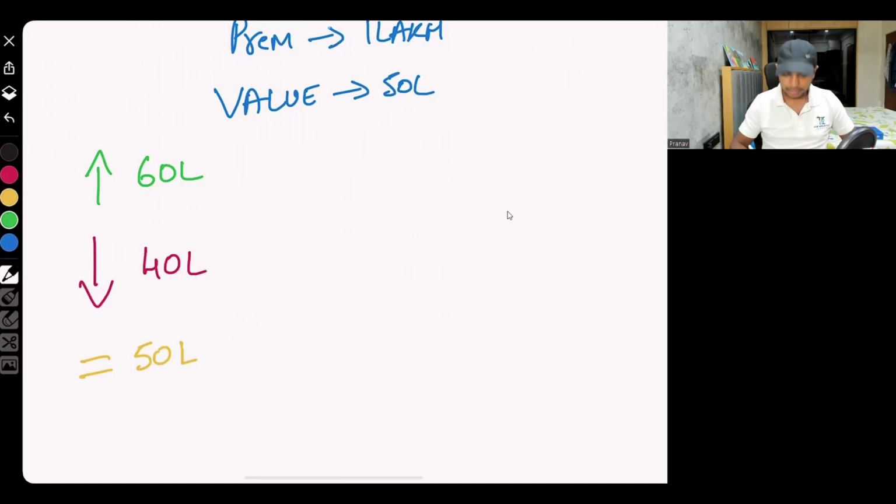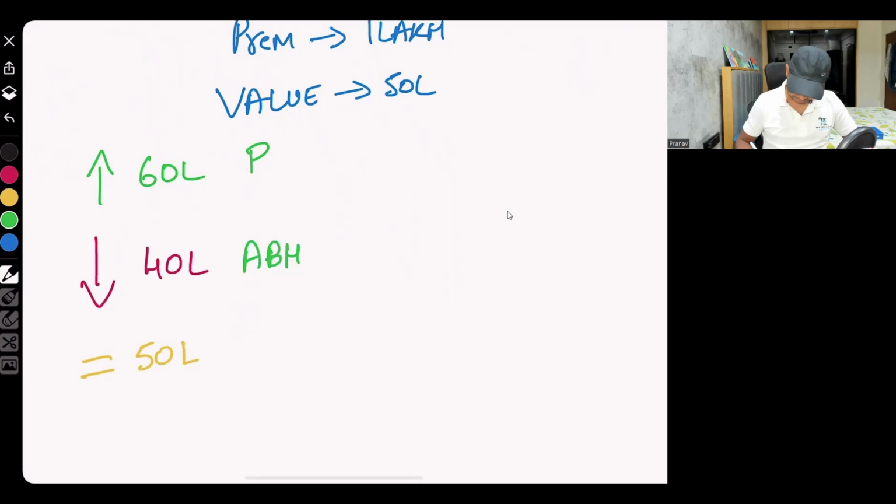Now, when the value actually goes to 60 lakhs, Pranav is definitely going to benefit from this transaction. And when the value comes down, Abhishek is going to be beneficial. And when the value is same, Abhishek is going to be the beneficiary. So let me explain how. When the value of the property went high after 6 months, 60 lakhs is the actual market value.